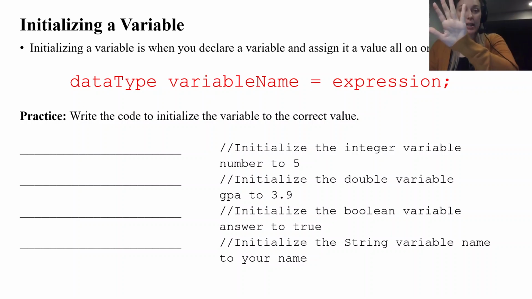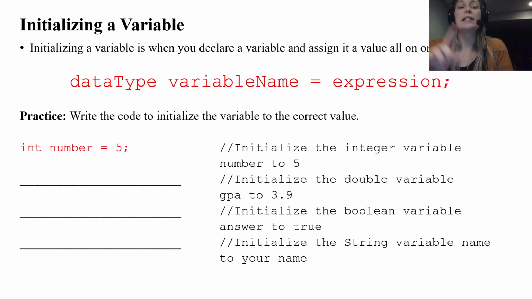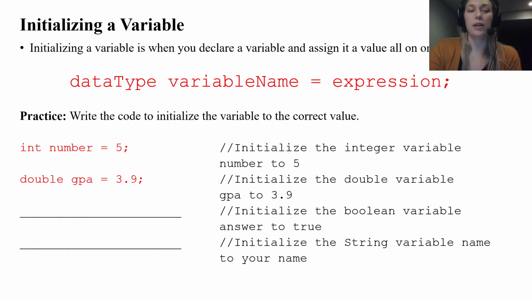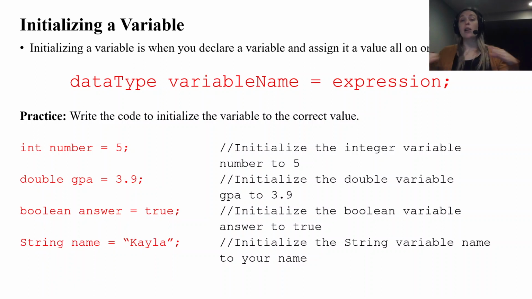So we have our data type, our variable name, equal to whatever we want to store in there. In those four containers we had earlier: int number equals 5, double GPA equals 3.9, and so on and so forth. You can do it all on a single line.